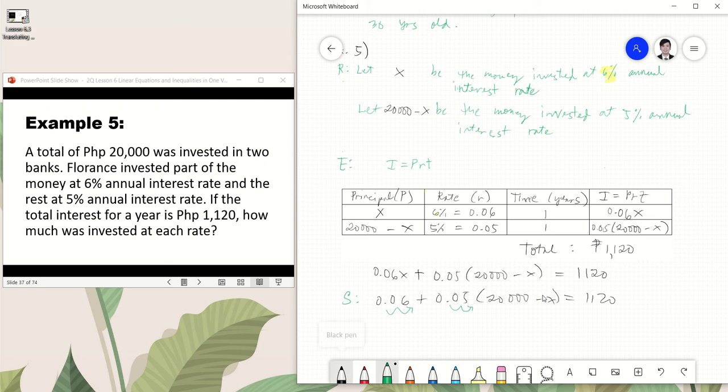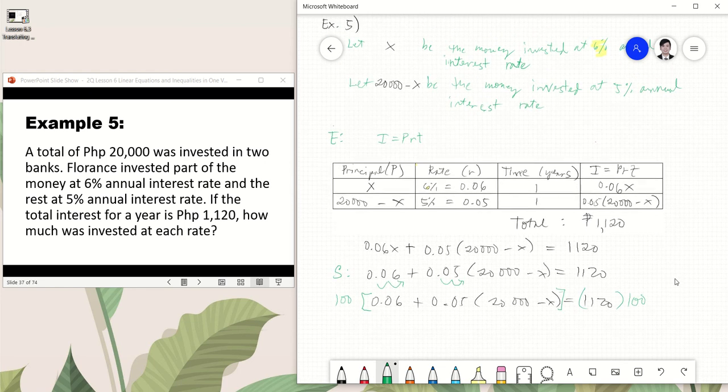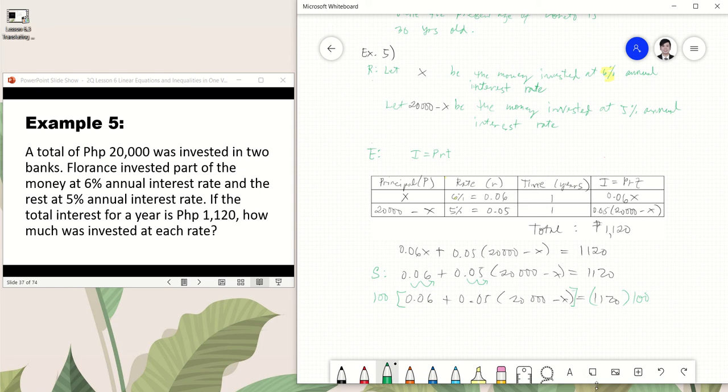And to do that, we need to multiply a number to move the decimal point. So just multiply a 100. So whatever you do on the left, do on the right. So we're using MPE to make things easier for us to solve this problem.